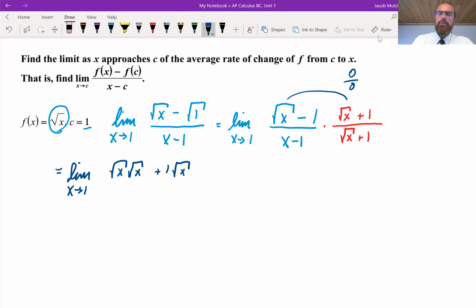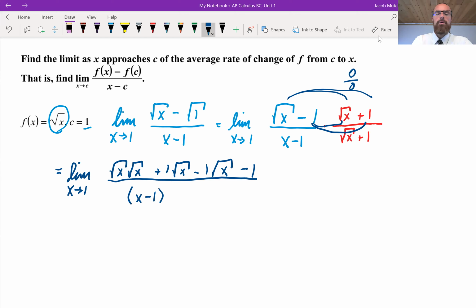Inner terms, negative 1 times square root of x. And then last terms, negative 1 times positive 1 is minus 1 over, remember for the denominator, the part that we don't use to create the conjugate, we just leave it unfoiled. So that's x minus 1 times square root of x plus 1.